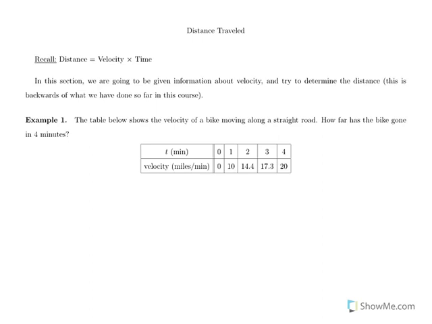So if you want to estimate the distance traveled, we can use these values and say that for the first minute, we're going to go 0 miles per minute for 1 minute.